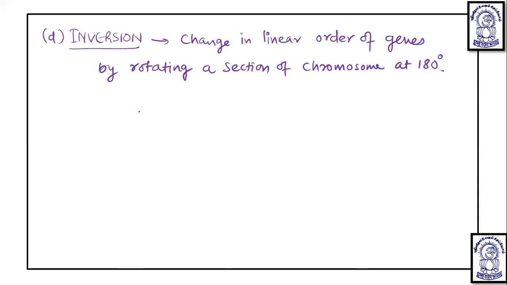So here, suppose this is the chromosome having A, B, C, D, E, F genes. Now this B, C, and D are getting inverted.